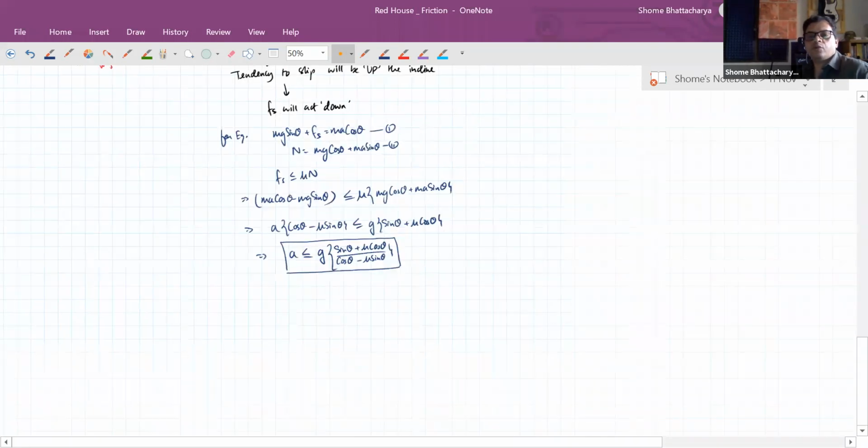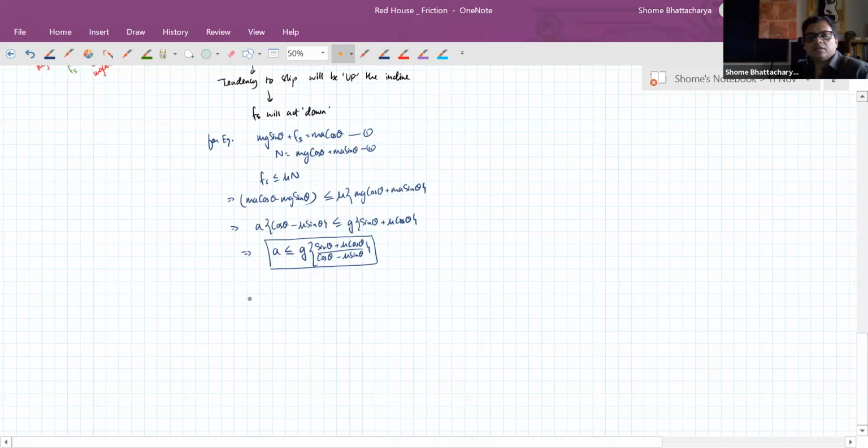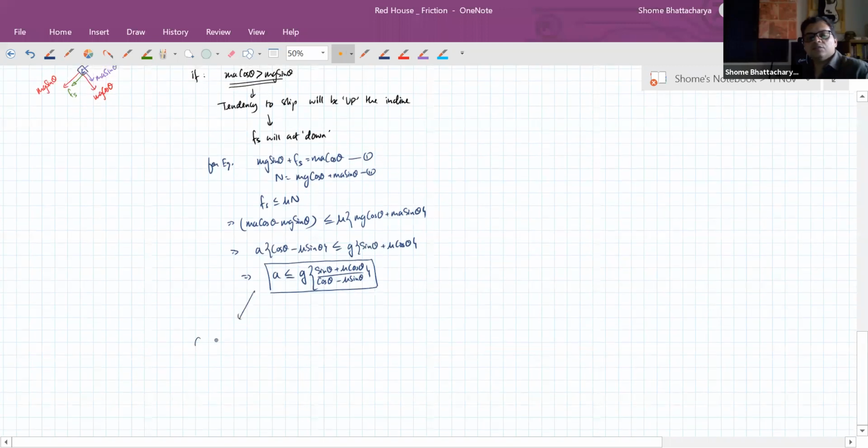So now this is the all important equation for us. This is telling us that the maximum value of a will become this. This time I've got it right, writing it as 0.8.